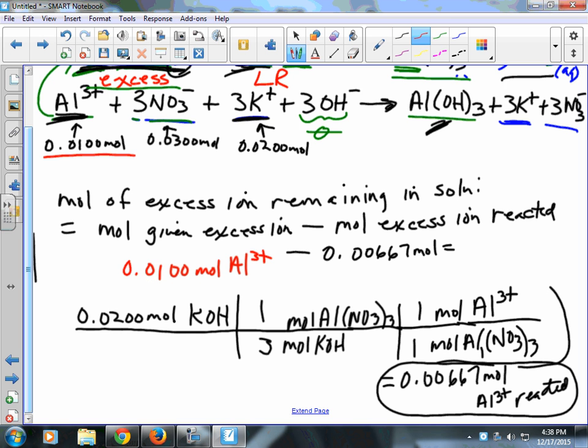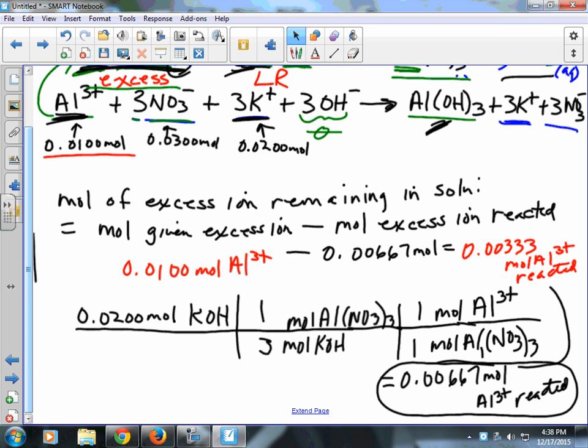So we do this subtraction, 0.01 minus 0.00667, and we have 0.00333 moles of aluminum ion remaining. So that is the first bonus question for your reaction.